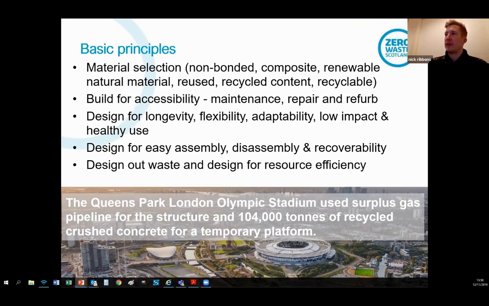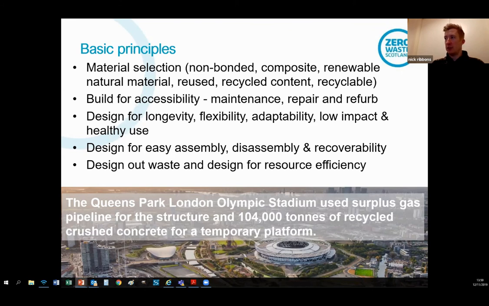Also, designing for longevity, flexibility, adaptability. These are all a sort of continuation of that, so that we are building in ways that appreciate the building use will change over time, and trying to anticipate that the building will change in its use, whether it's by making an office open plan and having movable partitions or otherwise.